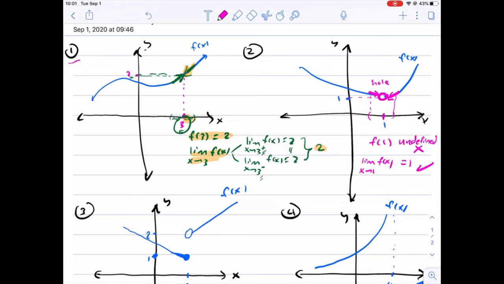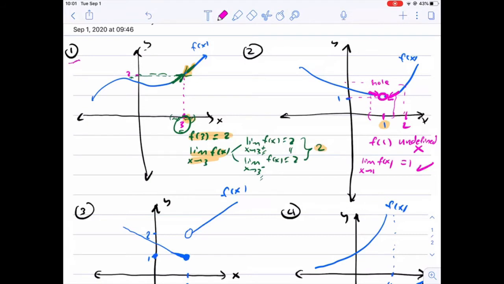So those are not equal. That means the function is not continuous. So the function is discontinuous at one point, at x equals 1, but it's continuous here at, for example, x equals 2. It has an image, and the image is equal to the limit.